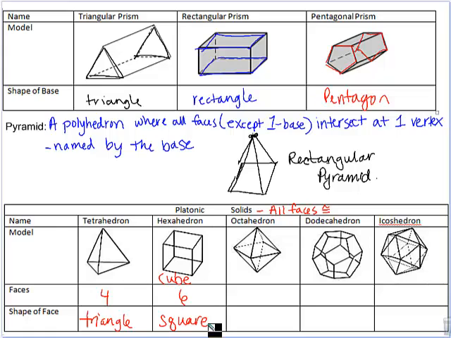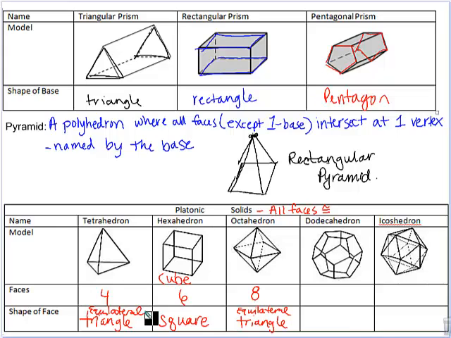Octahedron. Think about the prefix octa. That usually is 8. So there are 8 faces here, and each is a triangle. And specifically because all the faces have to be congruent, this has to be an equilateral triangle. Same with the tetrahedron. These should also be equilateral triangles.